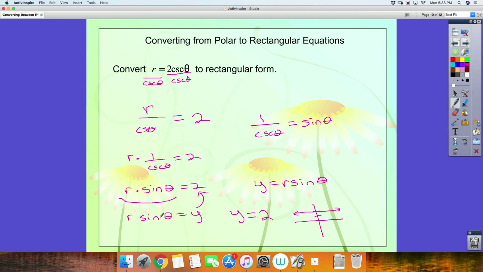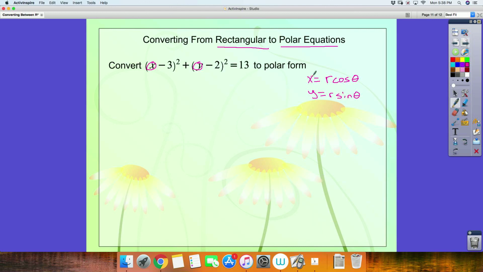Just like back here, we wanted the r sine theta by itself to find the y. Now we want to get y's and x's together so that we can substitute to turn it into the radius and theta. So here's our equation. We have x minus 3 squared plus y minus 2 squared equals 13.